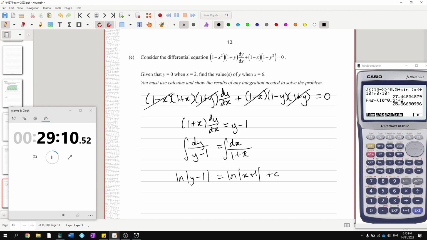Wait, what? Values? That's weird. That's really weird. Okay, I'll just assume, yeah, ln absolute of minus 1, 0. So c is just minus ln 3. So when x is 6, it's going to be ln 7 minus ln 3.